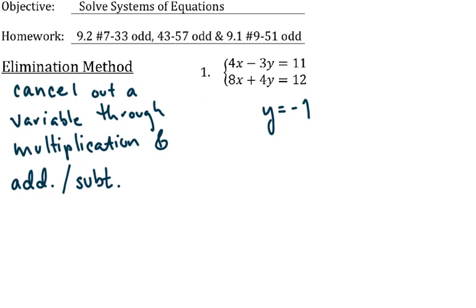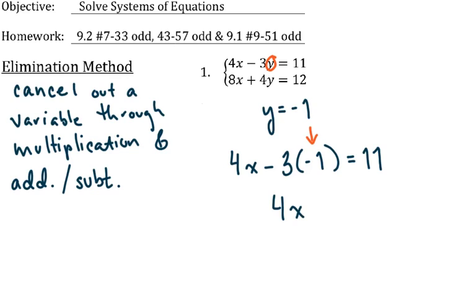So in this case, I'm just going to take that original first one, 4x minus 3y, replace the y with a -1, equals 11, because we're just substituting that in for the y, and then solving like we normally would. Careful with your negatives. 4x plus 4 is equal to 11. Subtract on both sides. 4x equals 8, so therefore x equals 2.